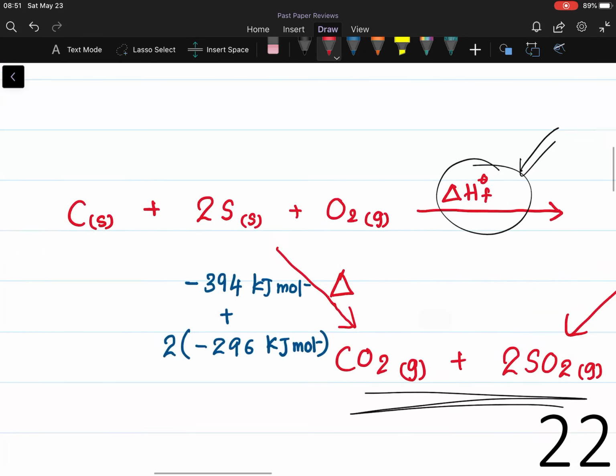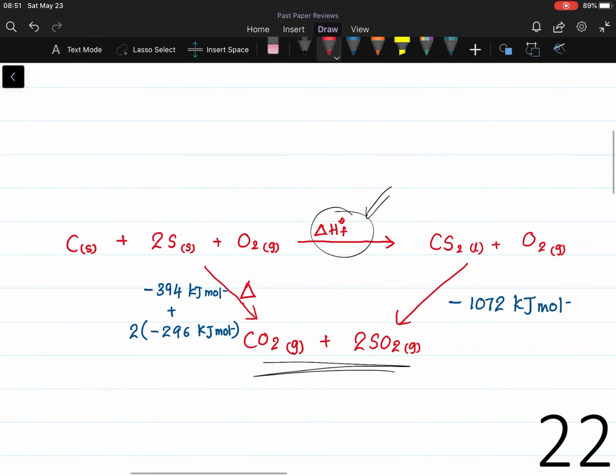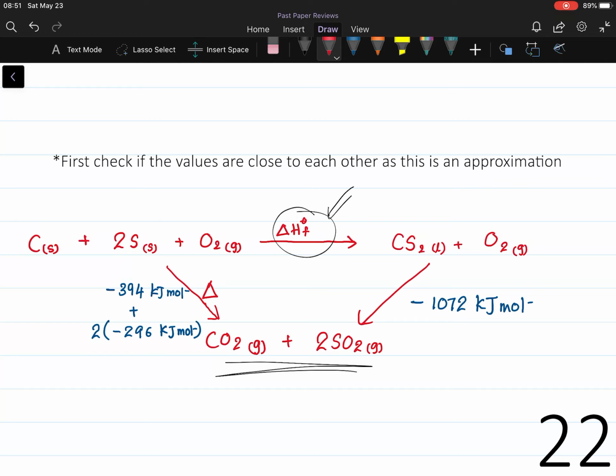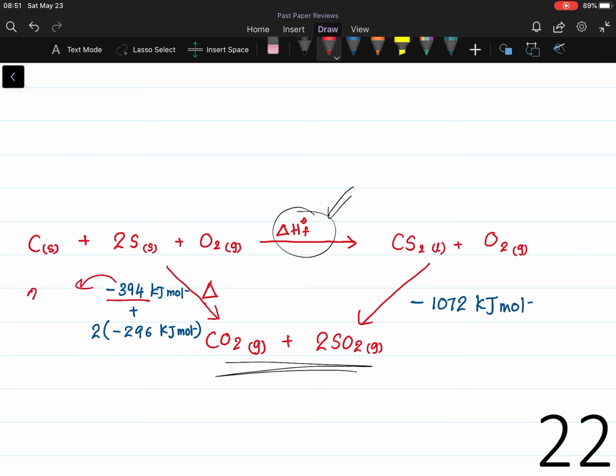If we have an easier way to do this without writing down the calculation, it will be this. So we have 394, which can be rounded up to 400, and then 296, which can be rounded up to 300. 300 into 2 is 600, and 400 are 1000. So this side of the reaction is 1000, -1000.